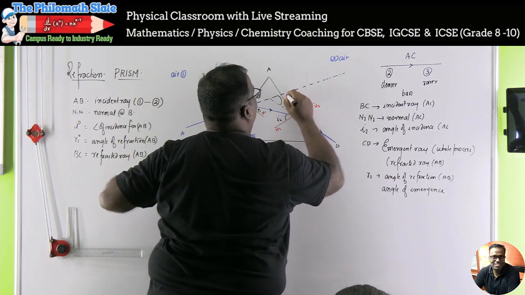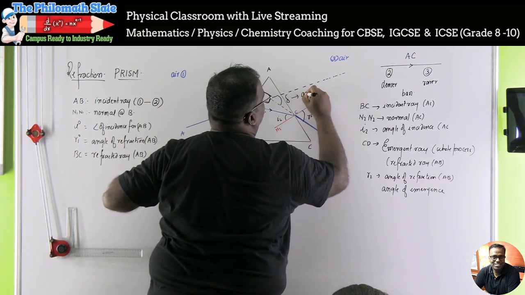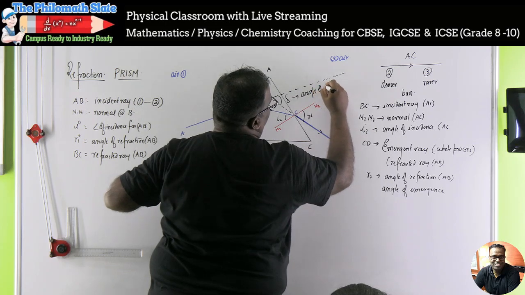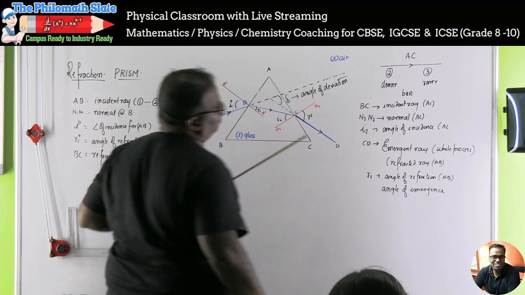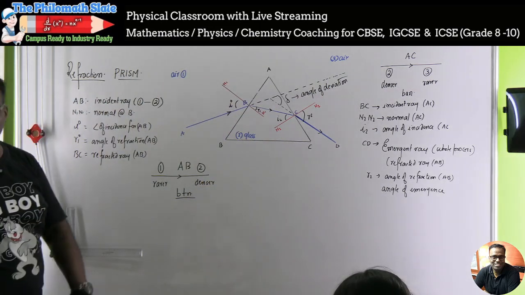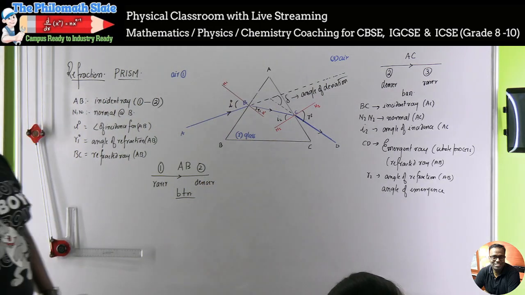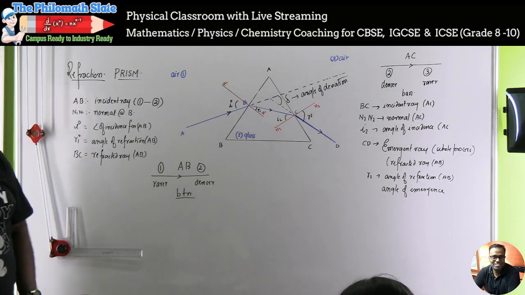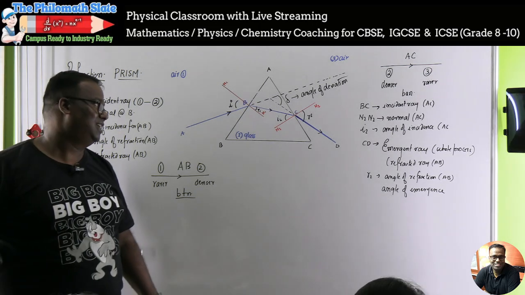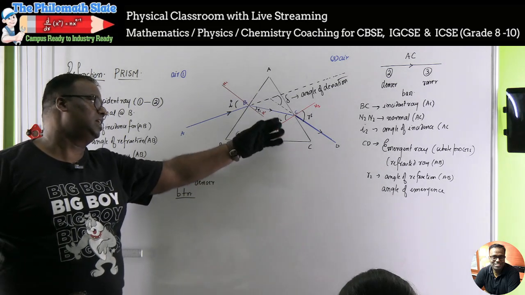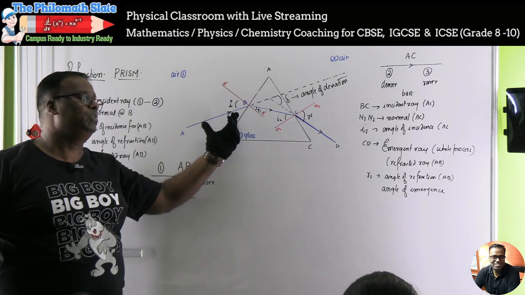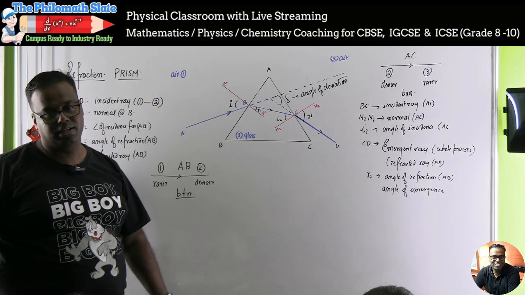This angle is known as the angle of deviation. And there is a lot of calculation in it. You will have the same calculations in grade 12. This is known as angle of deviation. आपको कोई न्यूमेरिकल नहीं है इसका. क्या हो गया, इतना हंसी आ रहा है? So angle of deviation is the angle made by the emergent ray with the initial incident ray. Did you understand?